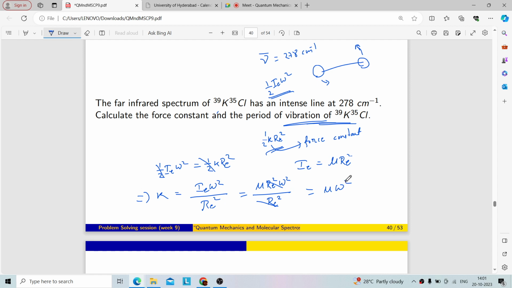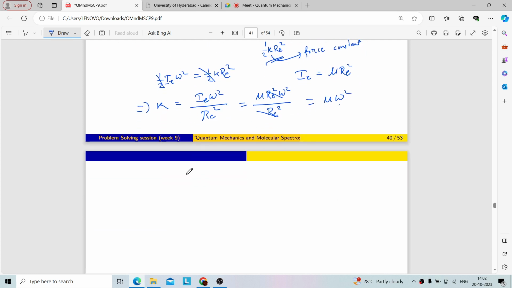Okay, now omega is the angular frequency. We can write it as 2 pi nu. So if I want to write in terms of wave number, we can simply multiply by c.